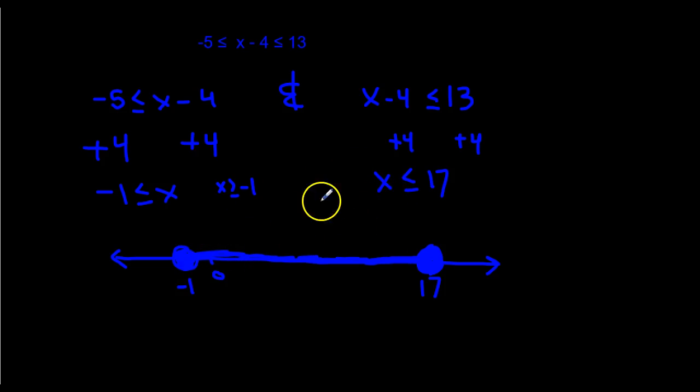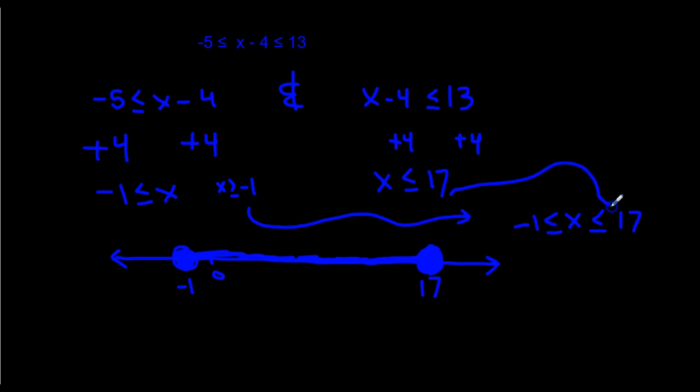So a couple ways we could write that. I could write our x in the middle. We could write it like this. So it's basically just combining these two pieces, writing my lower limit over here and my upper limit over there, and just putting the appropriate signs in. And then we also have what's called interval notation, where we would say our lower limit, -1, comma, our upper limit, 17.